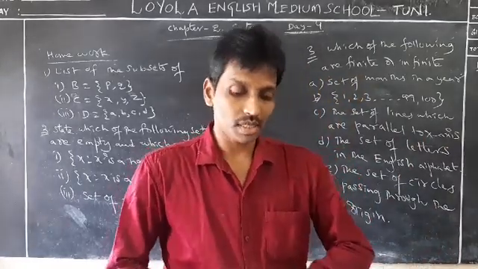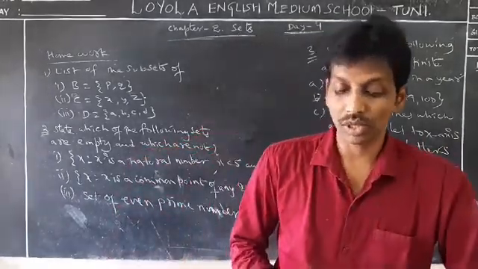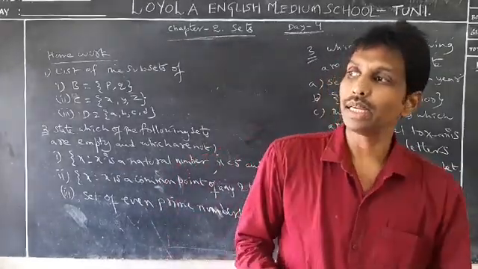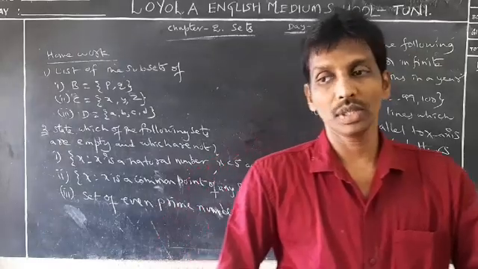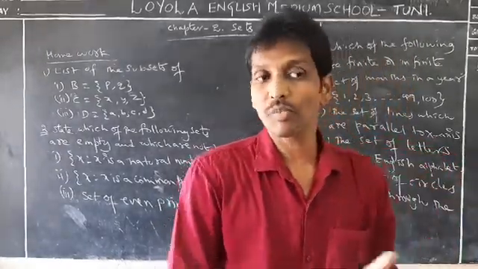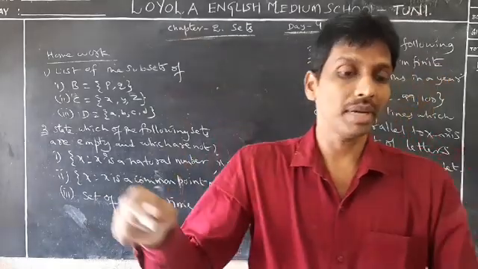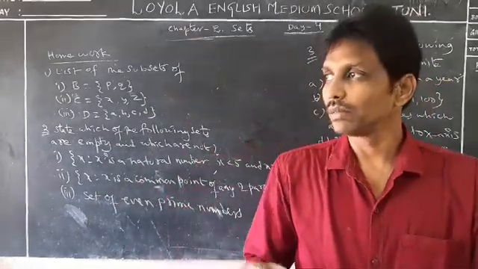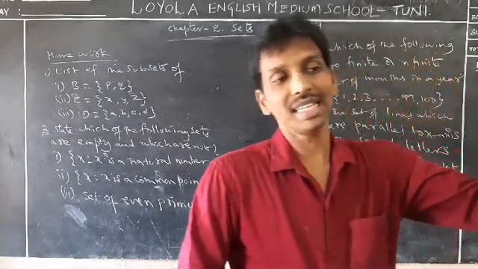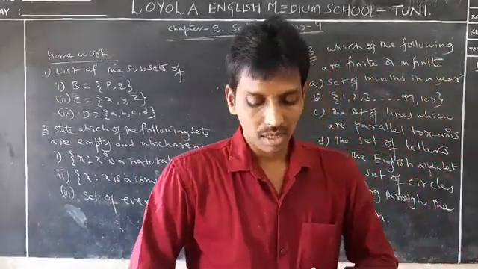In today's last class we discussed how to calculate the number of subsets of a given set by using the 2 power n formula. If you want to find the number of proper subsets, I told you 2 power n minus 1 also. Next, if we write the subsets themselves as the elements of a set, that set is known as a power set.